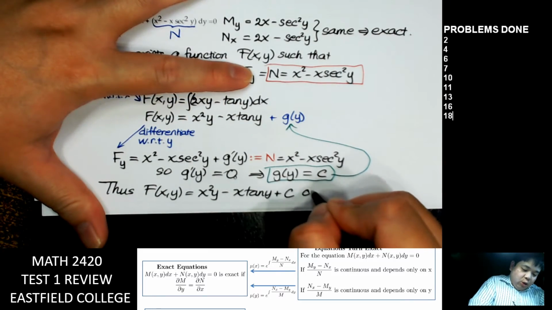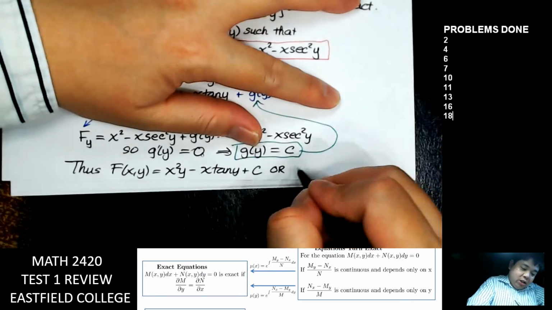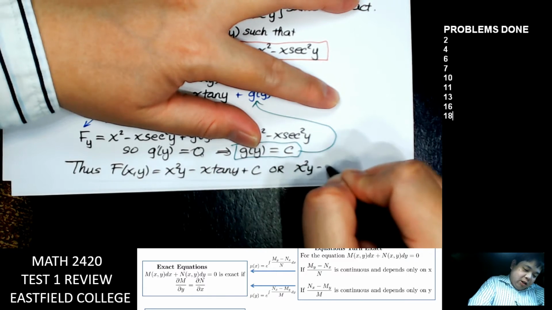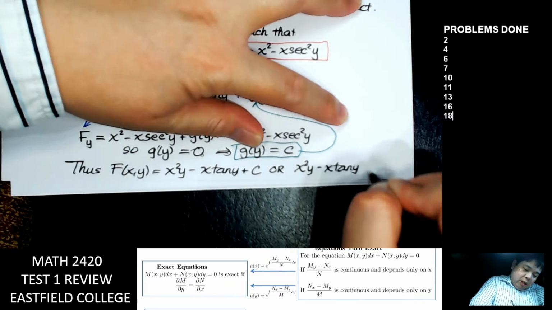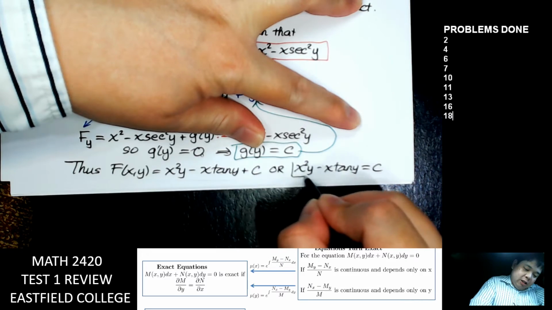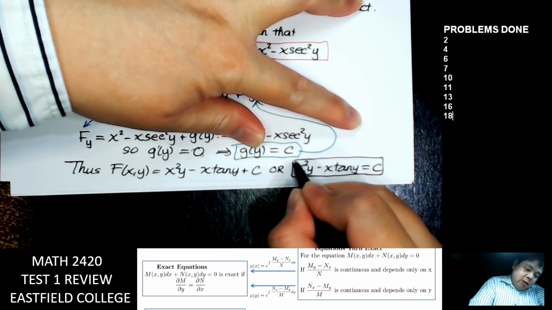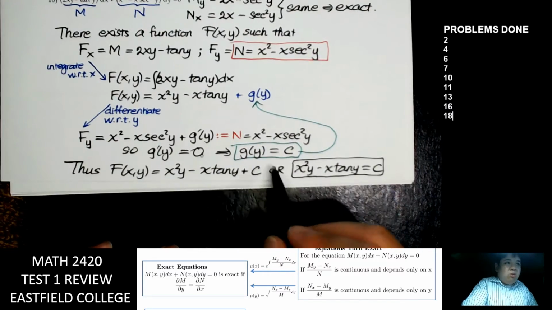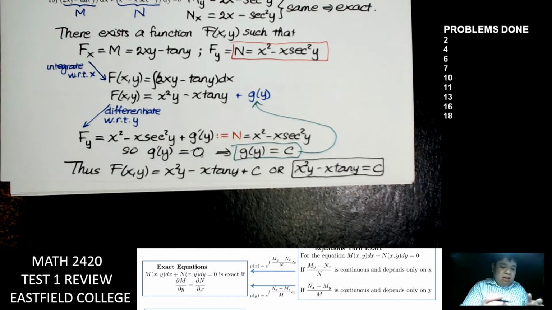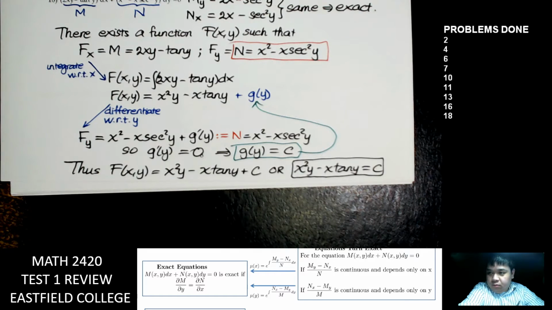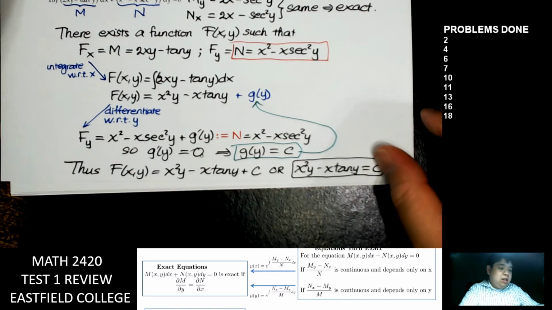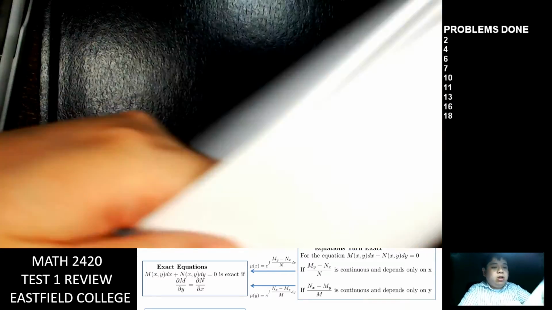Or we should write the equation x squared y minus x tangent y equal to c. We make this equal to 0 and then move the c over, and we have that. Right. So that is 18, exact equation.